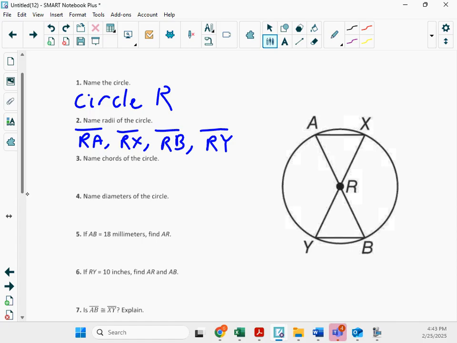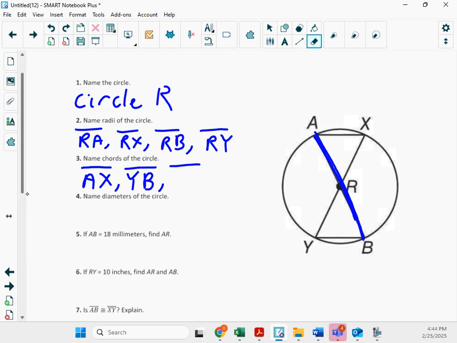Name 3 chords. Actually, I see 4 of them, so let's name all 4 of them. There's AX because the endpoints are on the circle. There's YB. And then there's AB. That's a chord. The endpoints are on the circle.